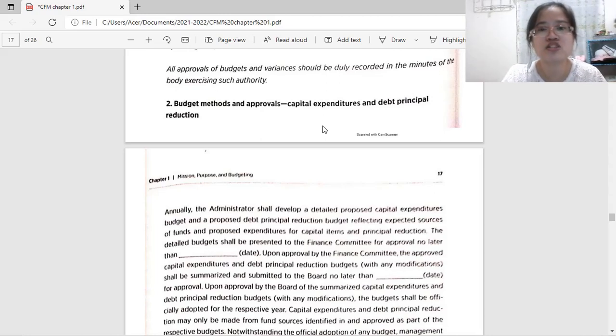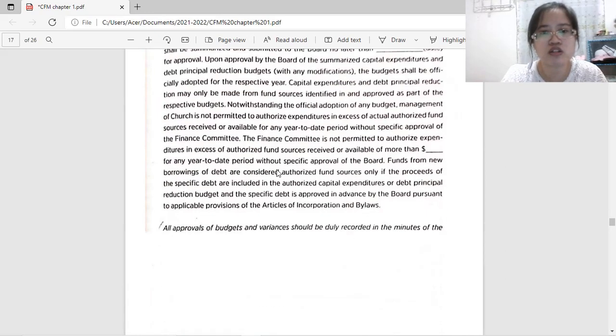So there's a decision that has to be made, and there's an approval. Debt principal reduction: how much of our loans should we pay off? Can we pay half a million, a million, or 2 million? How much can we pay for this year? So again, it's going to be included.